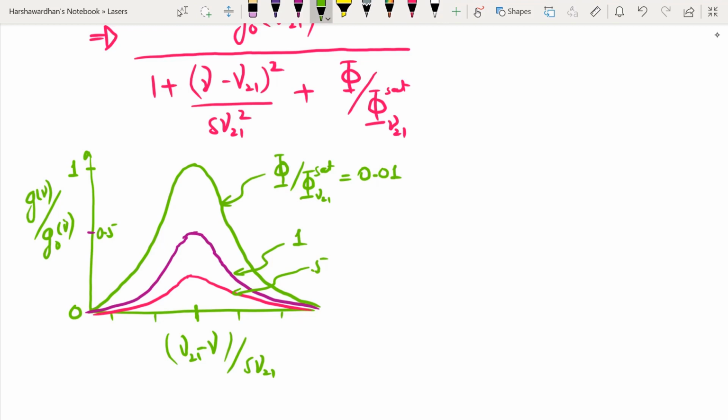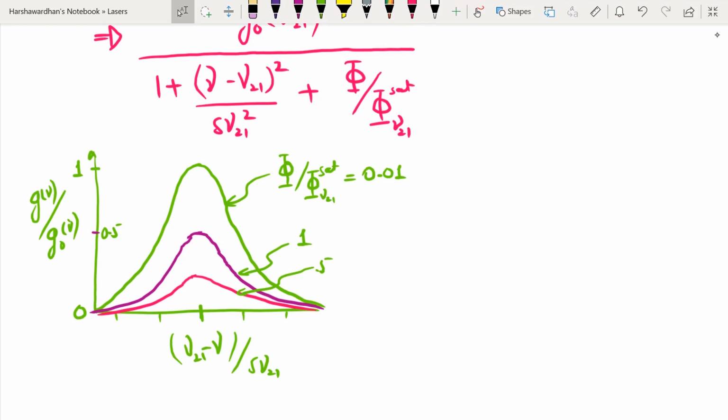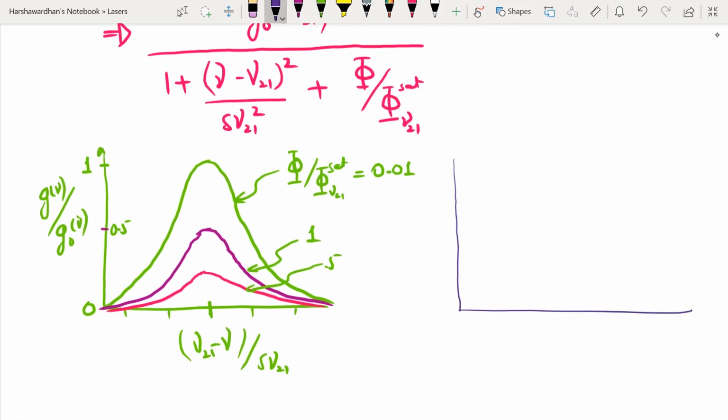Similarly, I'll encourage you to plot the second dependence as well, which is to look at it as a function of the photon flux itself. So I'm plotting phi nu by phi saturation at nu to 1, and again I'm plotting this ratio of the gains, g of nu by g naught of nu to 1.